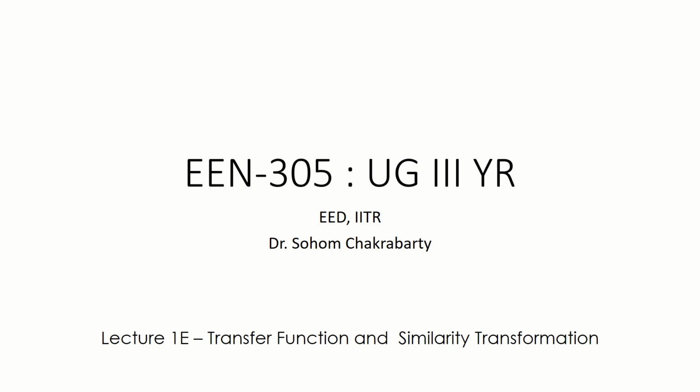So by simply looking at the state space representation, we will be able to identify those coefficients of the denominator and the numerator polynomials, and the transfer function could be directly written down. However, this is only so for those particular state space realizations that we had discussed.